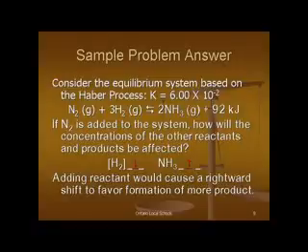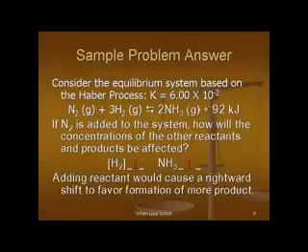If we add nitrogen, essentially we're increasing the amount of nitrogen available to react. From our application statement before, we said that if we add a reactant to a system at equilibrium, the equilibrium position will shift in a direction that lowers the concentration of that component.